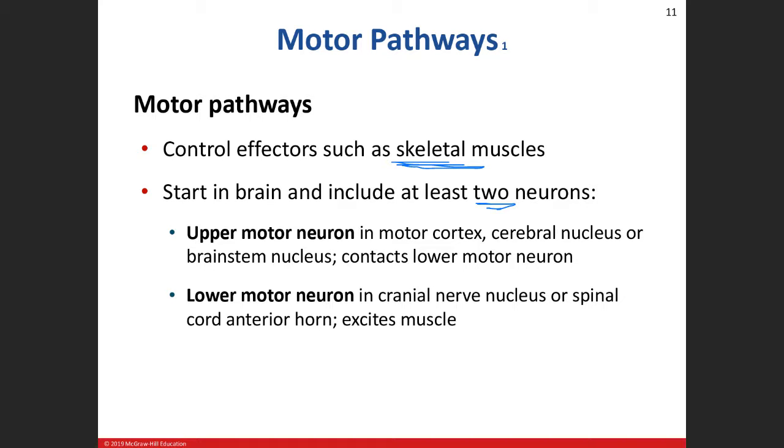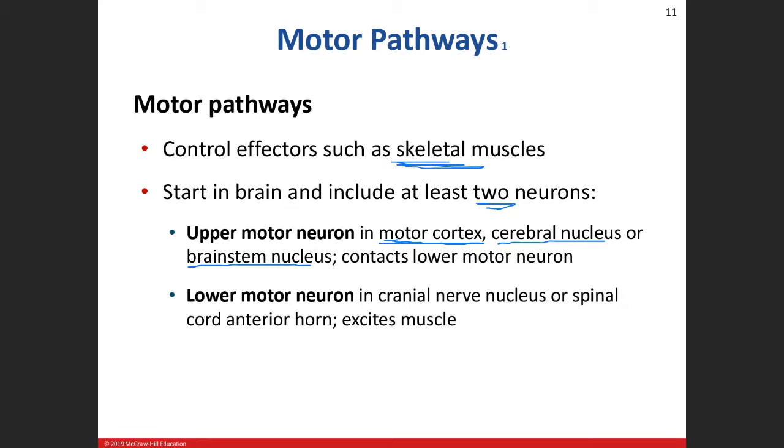Most of the time, they'll originate in the motor cortex. Then we're going to deal with the cerebral nucleus or a brainstem nucleus. Now, what does that all mean? That's when we start to deal with cranial nerves. When we talk about the brainstem nucleus, that's usually in reference to the cranial nerves.